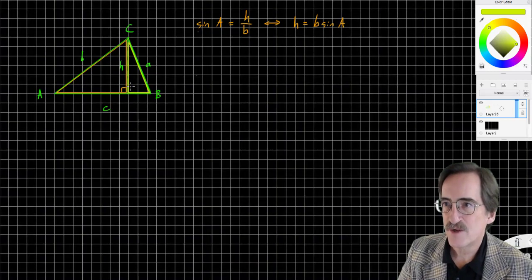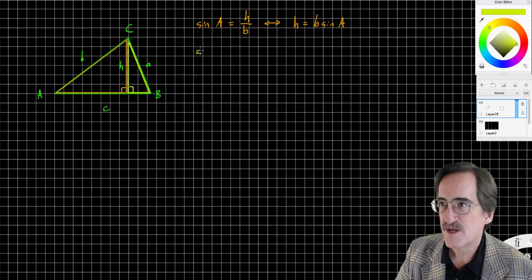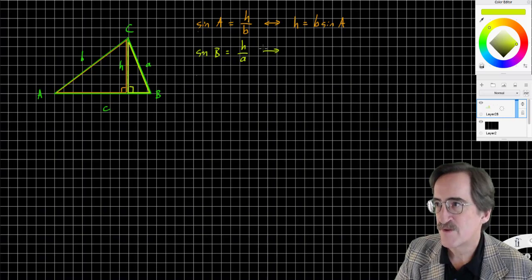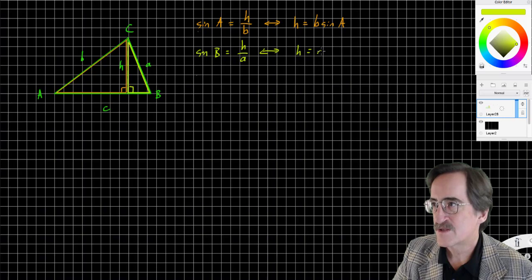Also a right triangle. So sine of B is opposite H over hypotenuse A. Multiply both sides by A and we find that H equals A sine B.